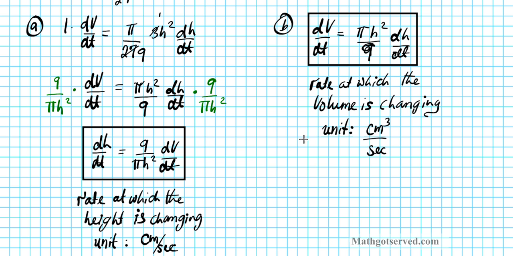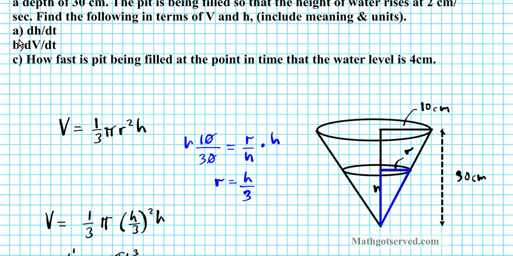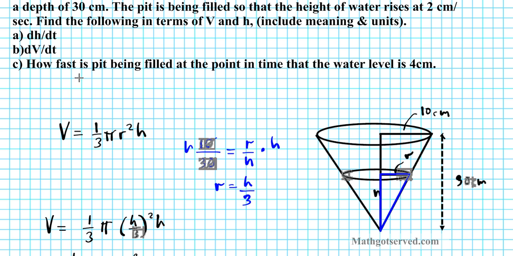All right, so for the c part, we're to determine how fast the pit is being filled at the point in time that the water level is 4 centimeters. So the rate at which the pit is being filled, the keyword here is filled, is dV/dt, the change in volume, when the water level, this is the height, is equal to 4.